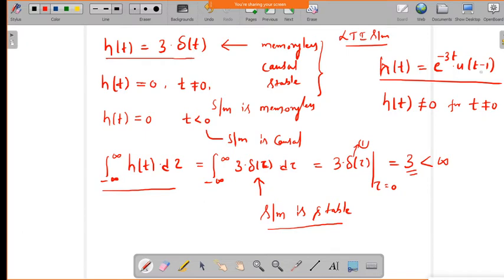You can see the unit step function varies from 1 to infinity, a unit step shifted by 1 unit. So if you multiply this unit step by this value, you get values from 1. That is why h of t is not equal to 0 for t not equal to 0, so the system is not memoryless.